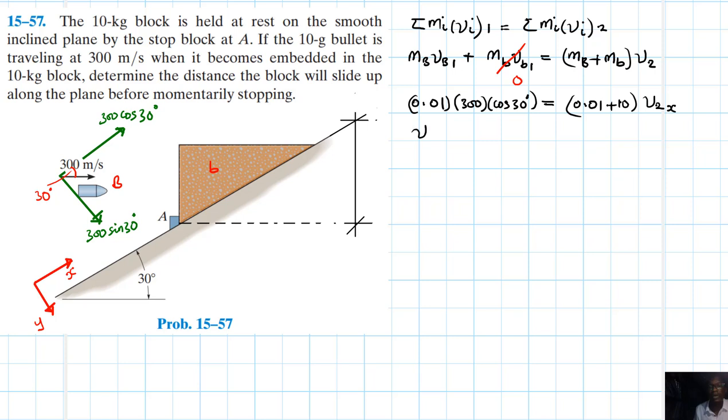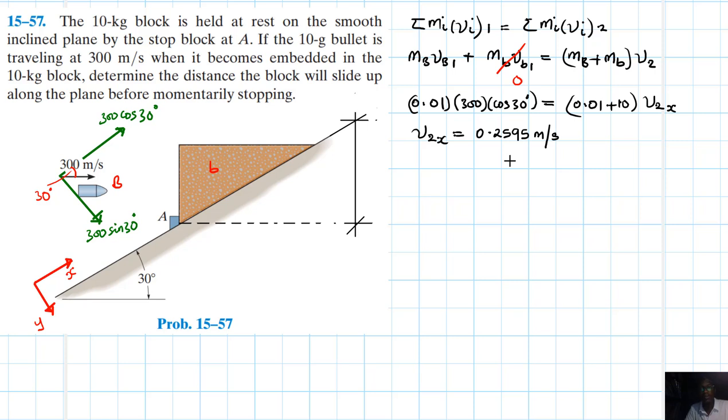Therefore our v_2x in this particular case will be equal to 0.01 by 300 by cos 30 divided by 10.01, and this gives us 0.2595 meters per second.